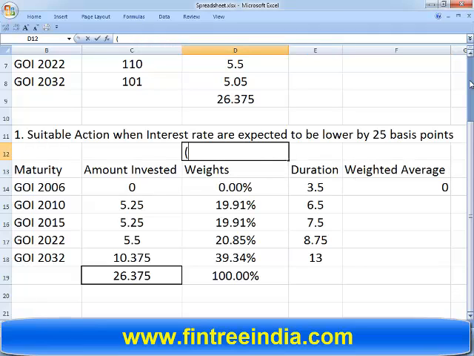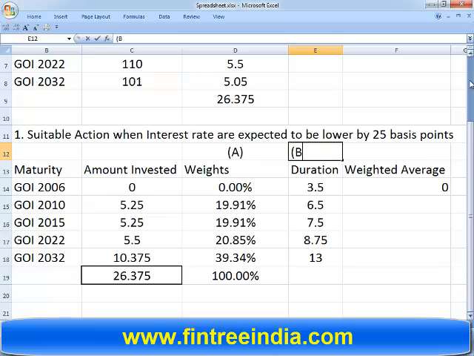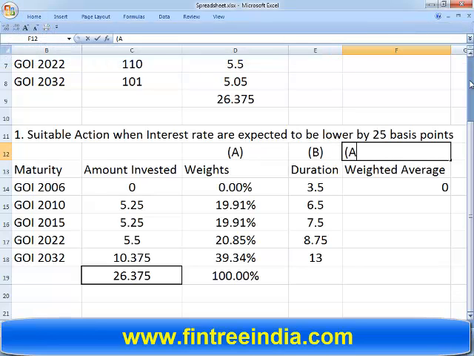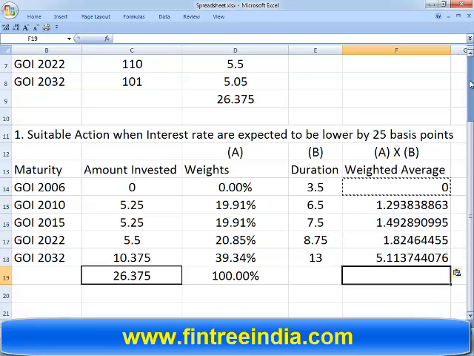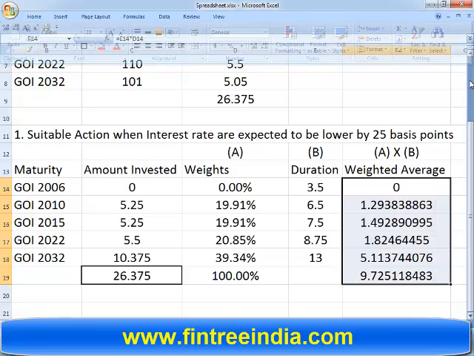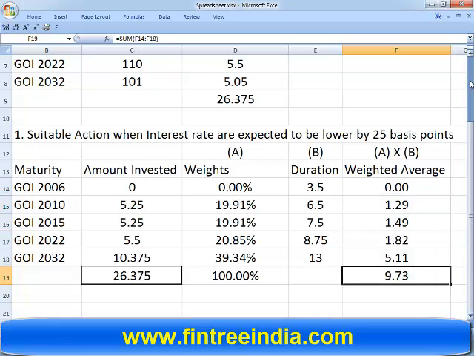So if this is A, if this is B, this should be A multiplied by B. So the answer is 9.73.